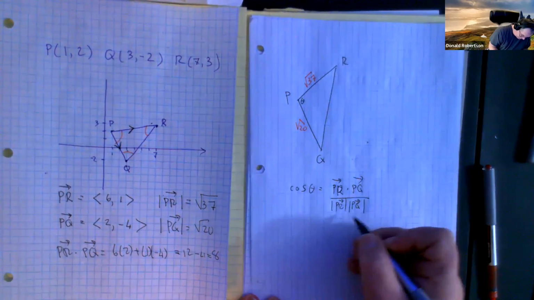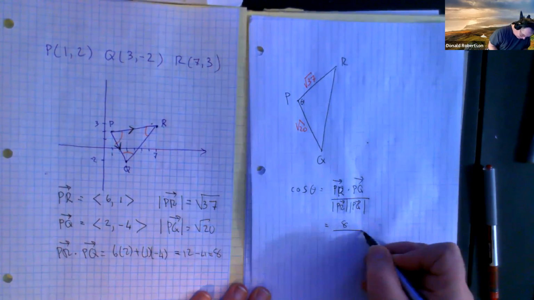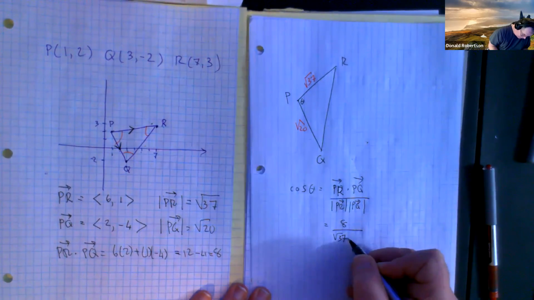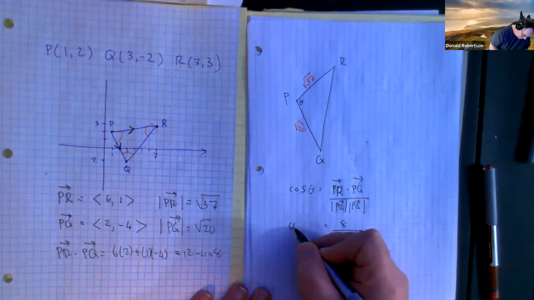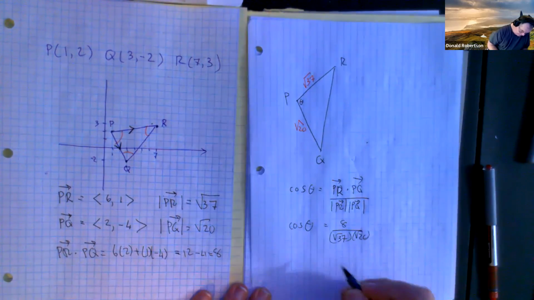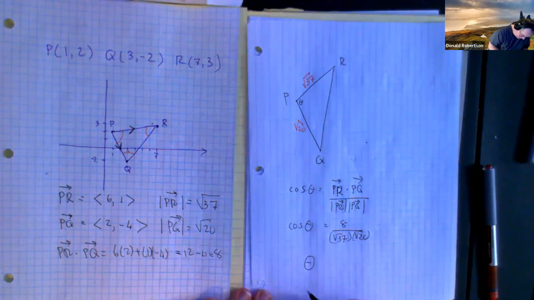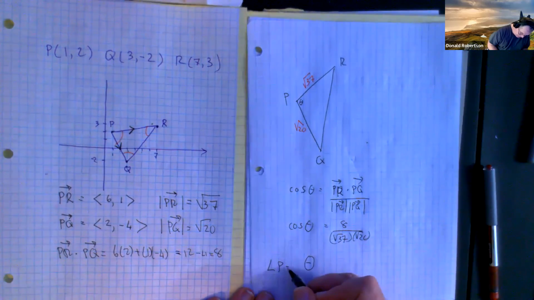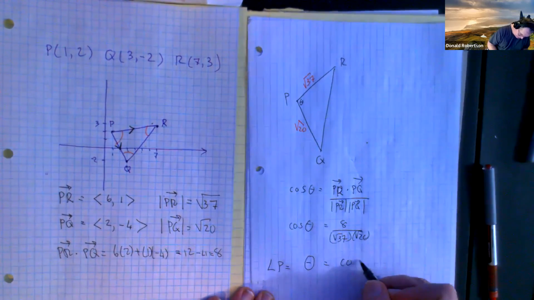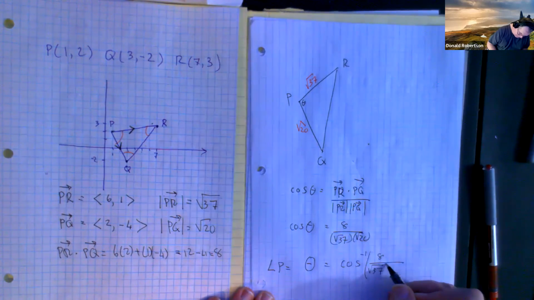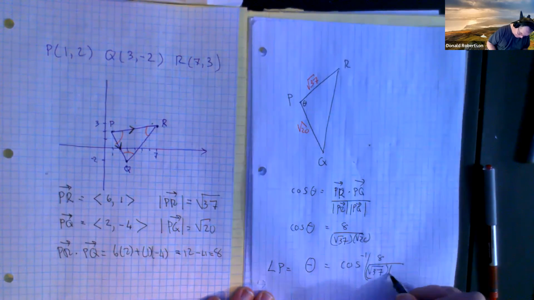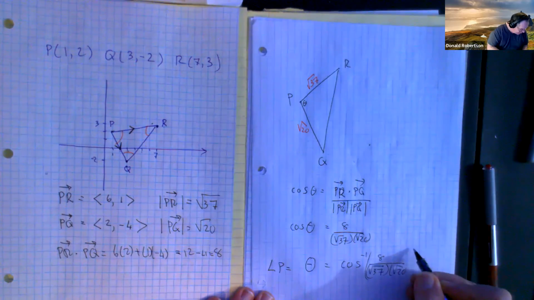The dot product is 8, and the two magnitudes are square root of 37 and square root of 20. So theta, which is essentially angle P, is going to be the inverse cosine of those guys.